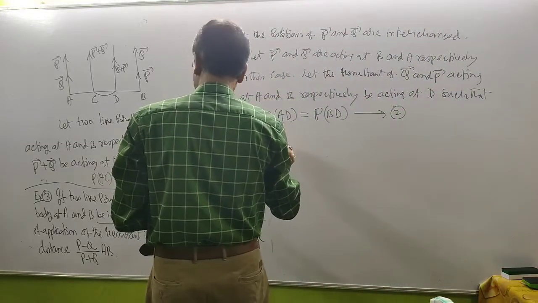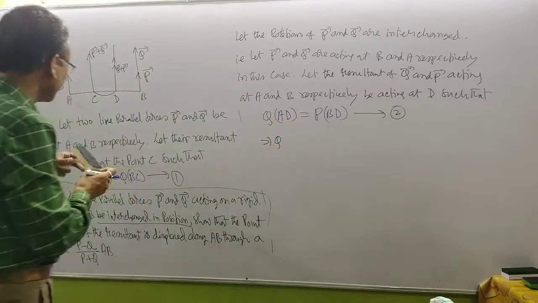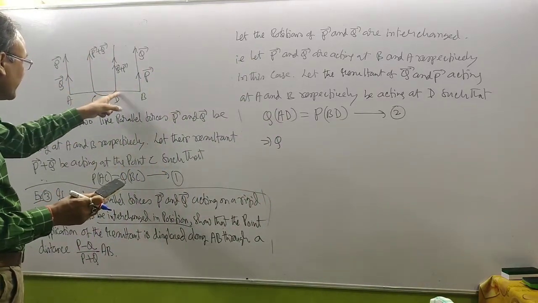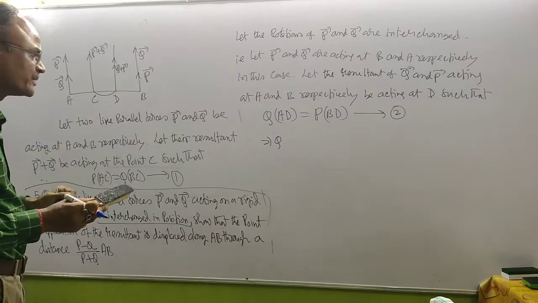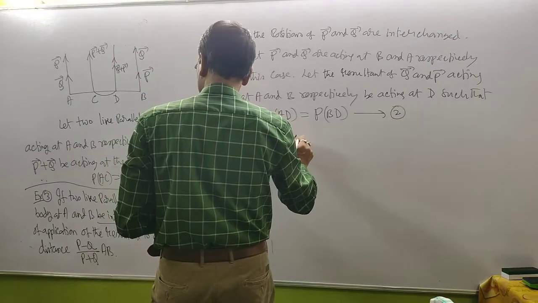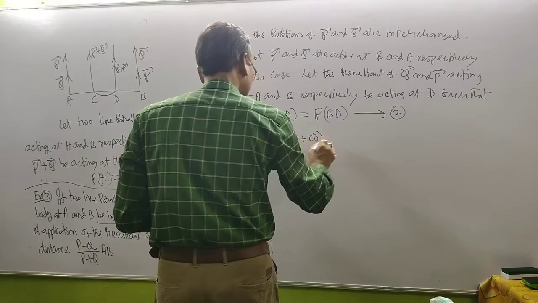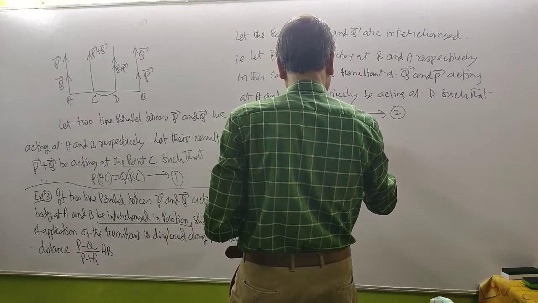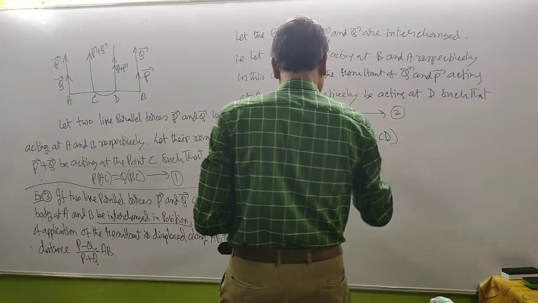Therefore, you may write Q into AD equal to P into BD, since in this case Q is acting at A and P is acting at B. AD can be written as AC plus CD. This is equal to P into BD, and BD can be written as BC minus CD.